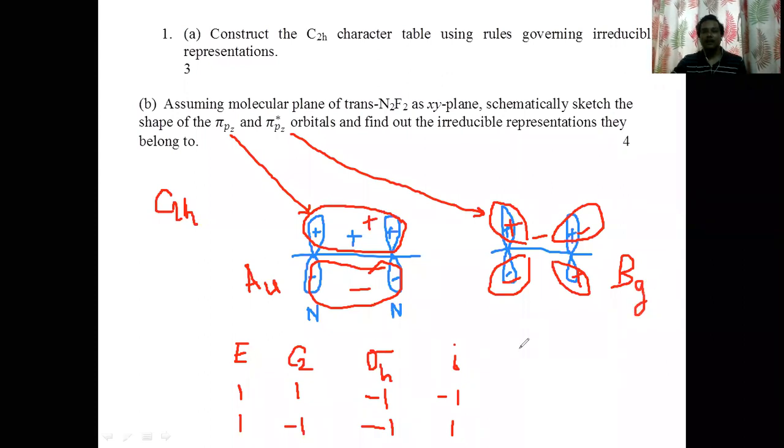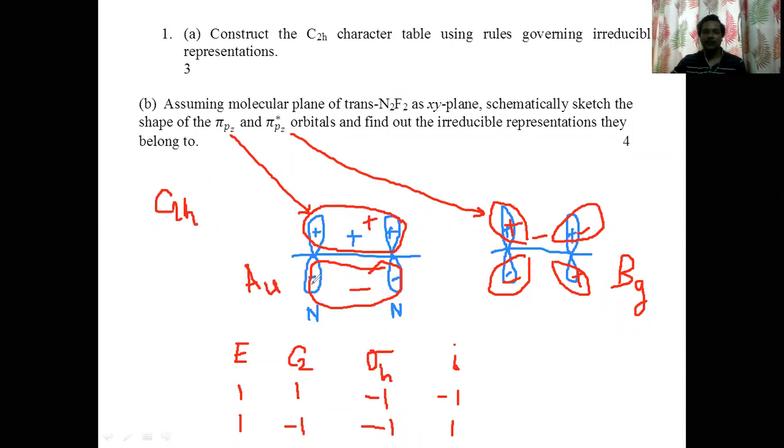Now to make sure that you have done it correctly, you can think about it like this. Z is along this. This is definitely going to be more like a PZ, except that it's a deformed form. How PZ is going to transform in C2h, you can easily figure out.